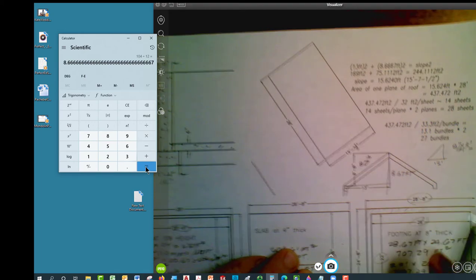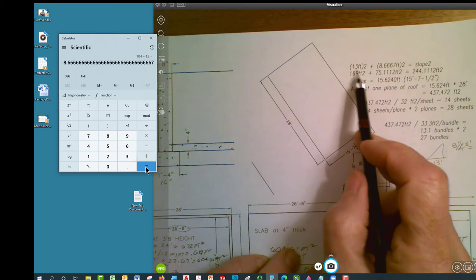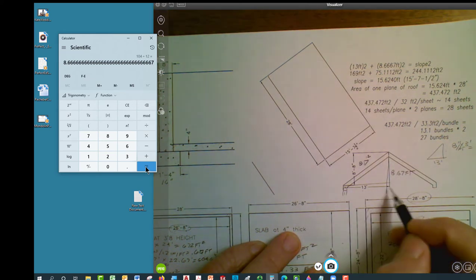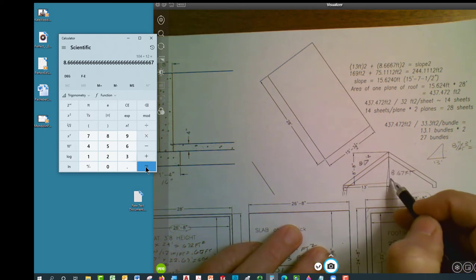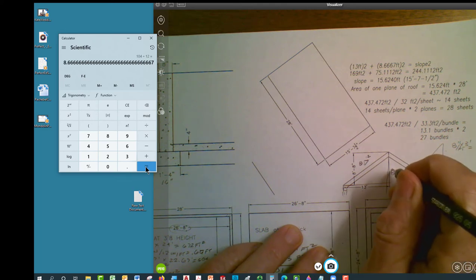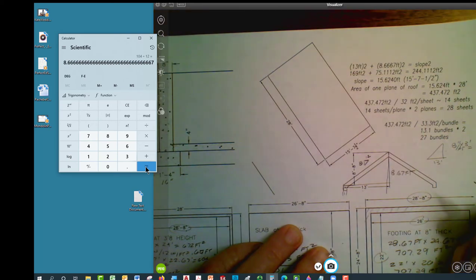Now, the reason that we need to know that, and you look up here, and I've calculated that up here as well. The reason we need to know that is if we know it's 13 feet from here to here and 8.67 feet from here to here, those are the two legs of a right triangle. Square that, add that to the square of this. That will give you the square of the slope, which is the hypotenuse.